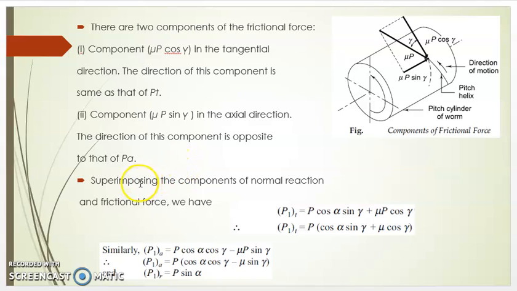Therefore, superimposing the components of normal reaction and frictional force, we have P1T equal to P cos alpha sin gamma plus mu P cos gamma. Therefore, P1T is equal to P into bracket cos alpha sin gamma plus mu cos gamma. Similarly, P1A is equal to P into bracket cos alpha cos gamma minus mu sin gamma, and P1R is equal to P sin alpha.